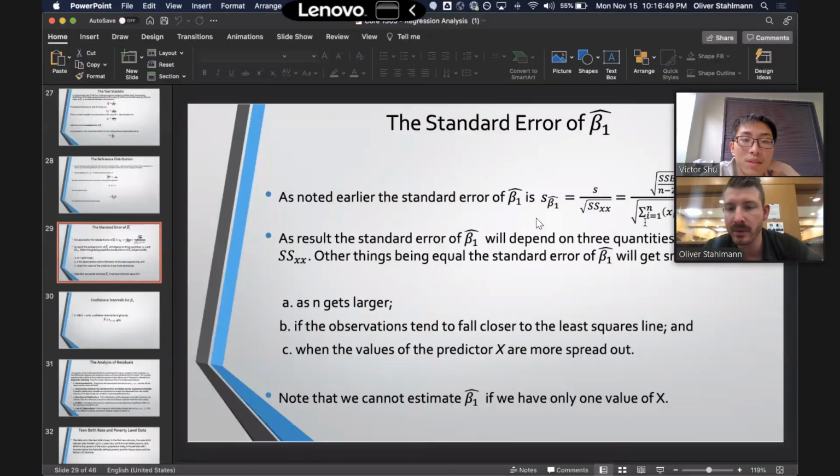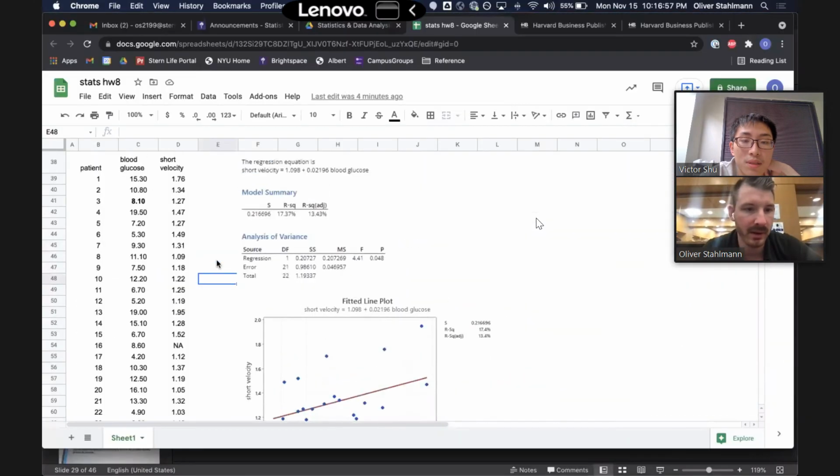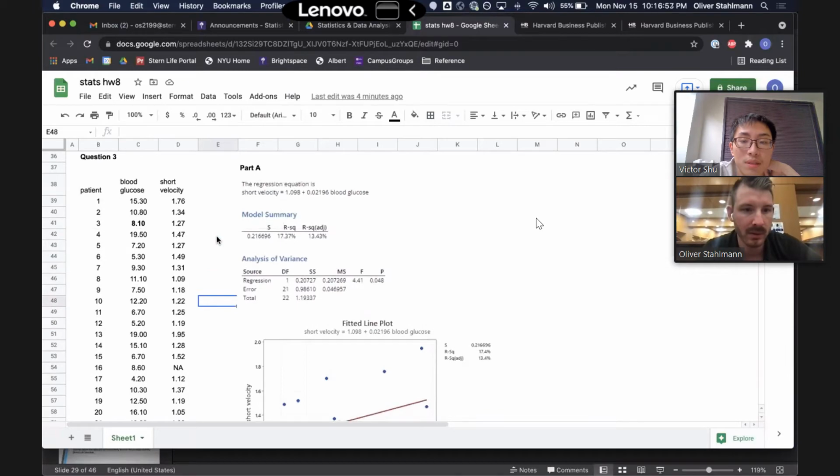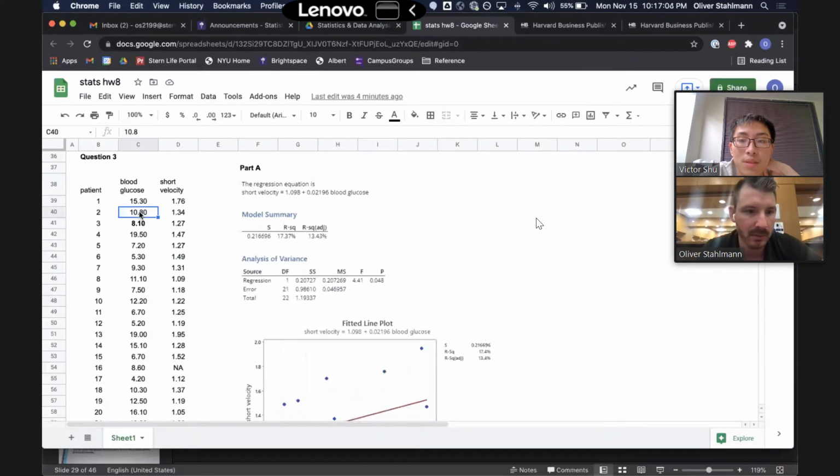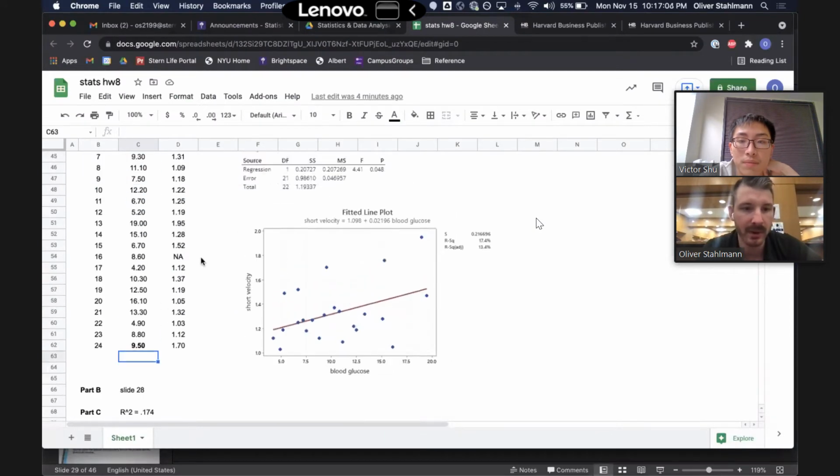So I have to do the square root of the sum of the squared differences of x from the average of x. But I can just do that here, right? That's pretty easy. So I have to calculate this on my own, right?